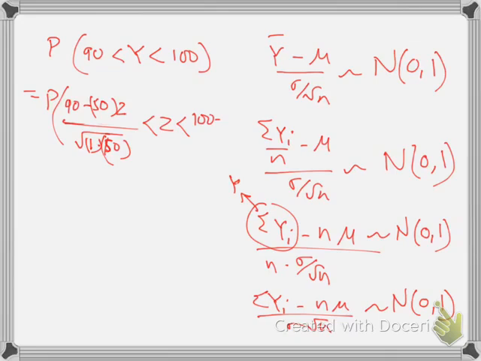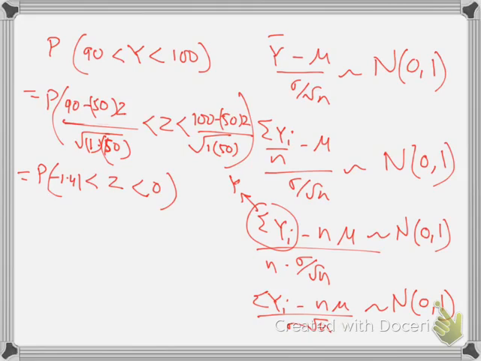Minus 50 times 2 over square root of 1 times 50, and this again gives you the same thing, the probability that Z is between negative 1.41 and 0. Now if you used 110, this would be positive 1.41 and you would have double the probability, 84.26% instead of 0.4207. Right, so that's problem 1.